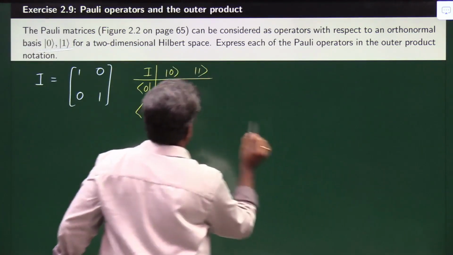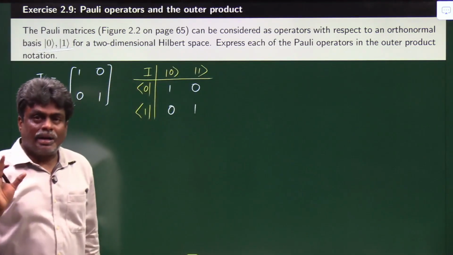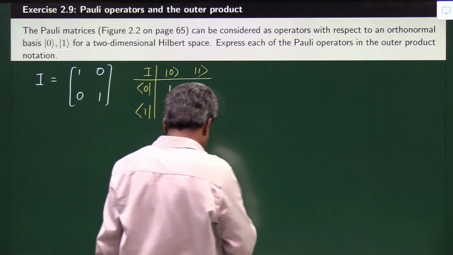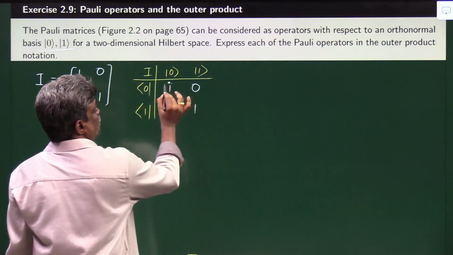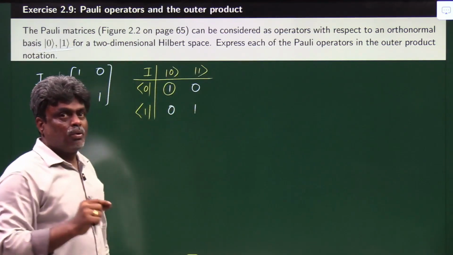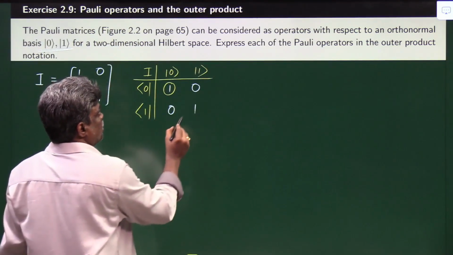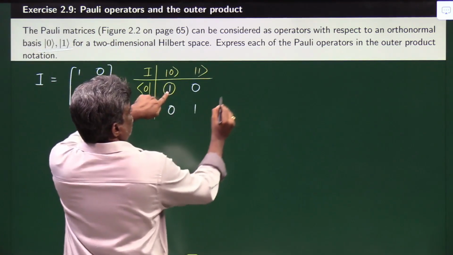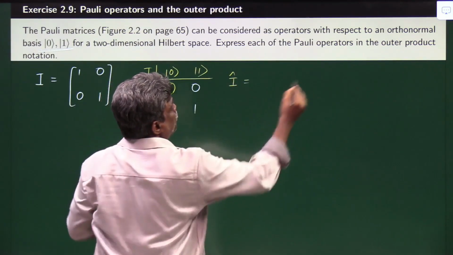So my matrix is nothing but 1 0 0 1. So if you want to write the outer product form, it's very simple. Wherever you have 1, please round up those things. That means you will get only those terms corresponding to 1. So here I round up this one. Then I can write this identity operator in the outer product form.